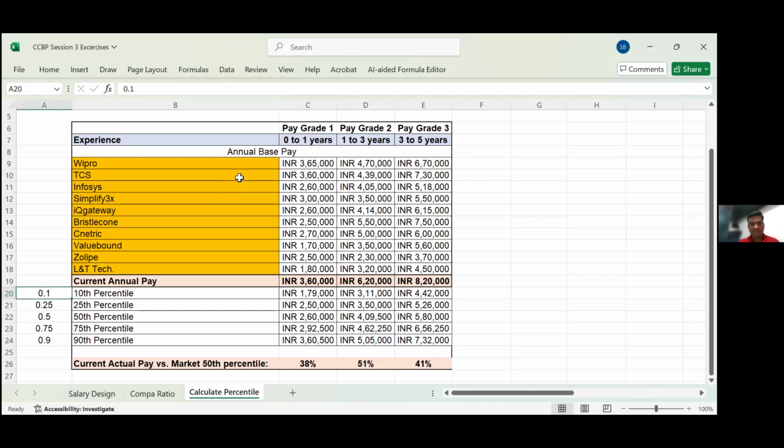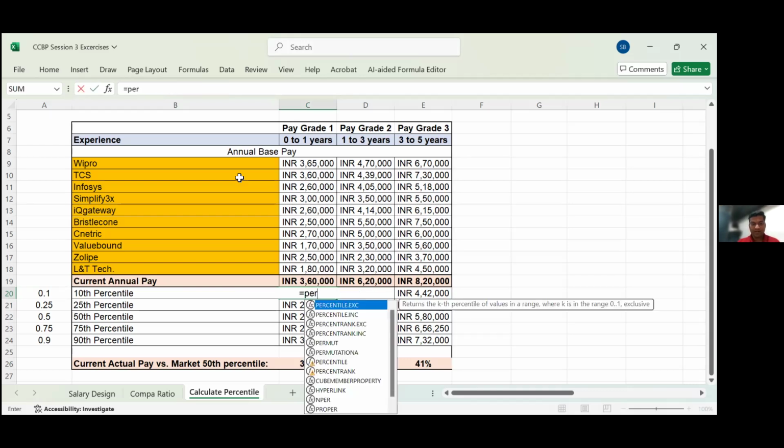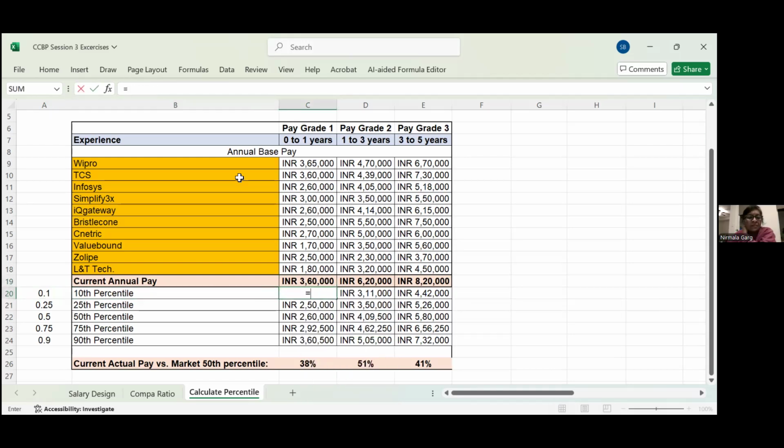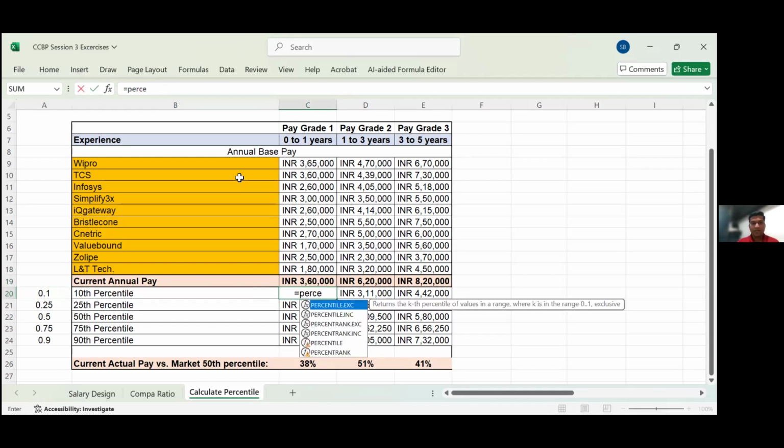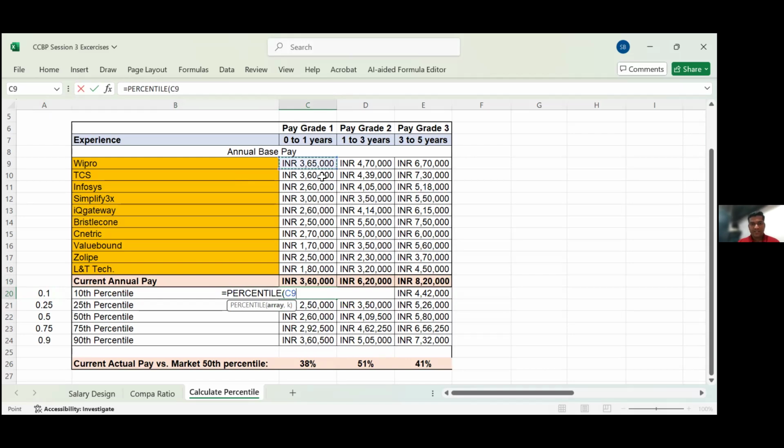Here I translated 10th percentile, 25th percentile, 50th individually, as 0.1, 0.25. Then I put the percentile formula over here. Then I selected this range.